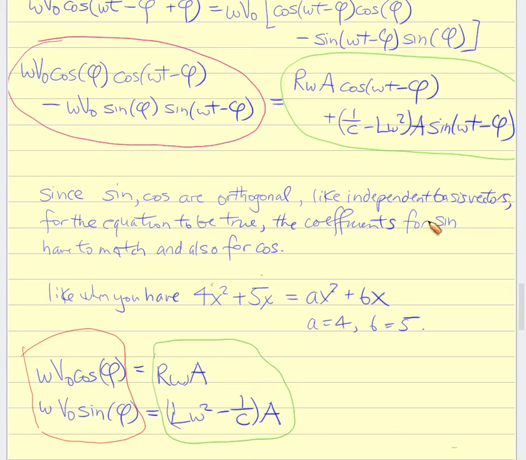I think in this case, because sine and cosine are orthogonal, that's fine. In the case of polynomials like x, x squared, x cubed, each order of x forms the basis of the polynomial space. So it's the fact that they're independent of each other that makes it okay just to equate the coefficients, is my thought process.